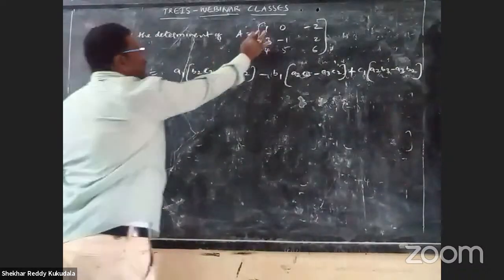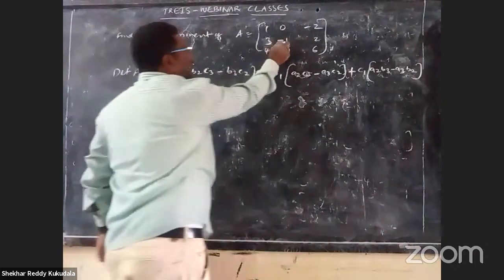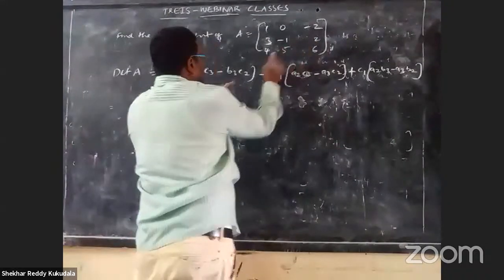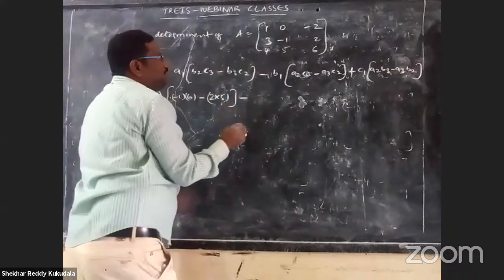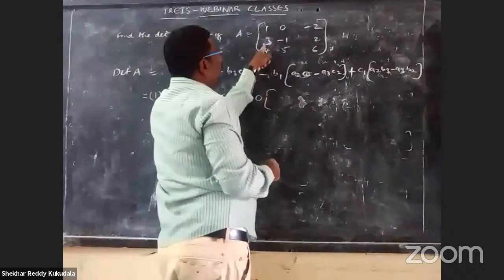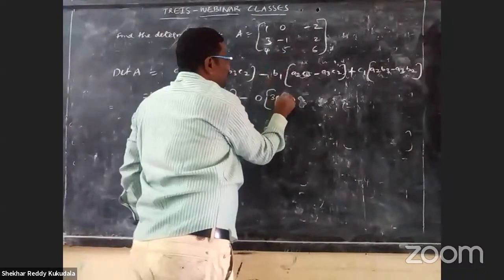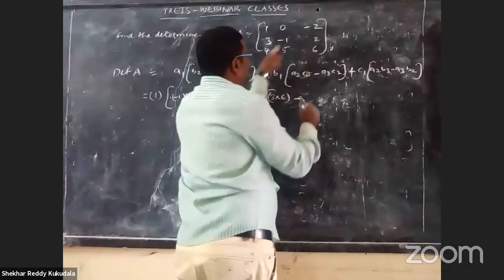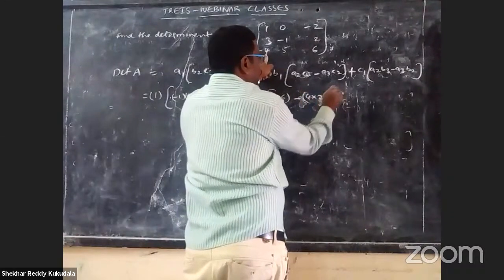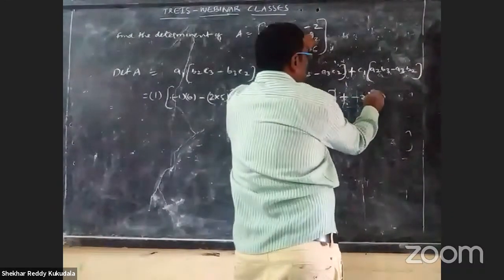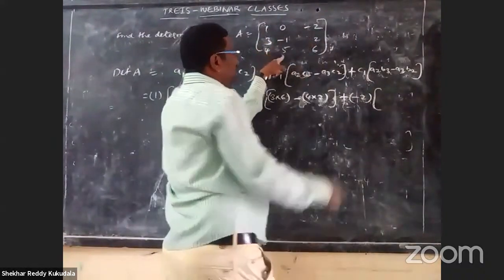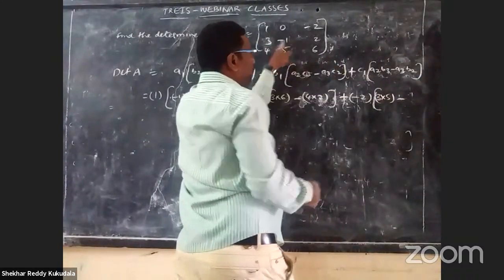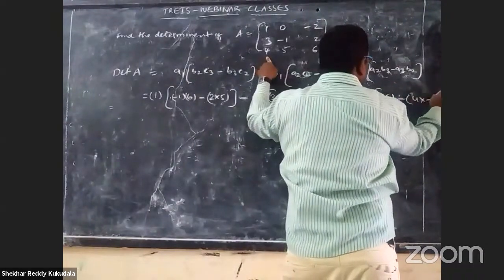So A1 is 1 into (B2 C3 is 1 into 6 minus B3 C2, 2 into 5), minus B1, which is 0, into (A2 C3, 3 into 6, minus A3 C2, 4 into 2), plus C1, minus 2, into (A2 B3, 3 into 5, minus A3 B2, 4 into minus 1).